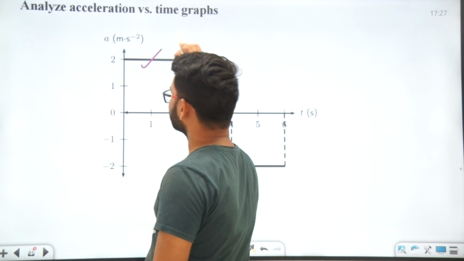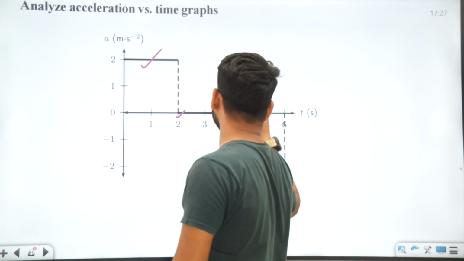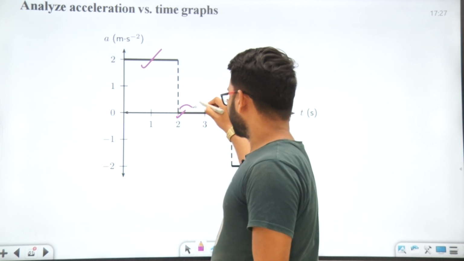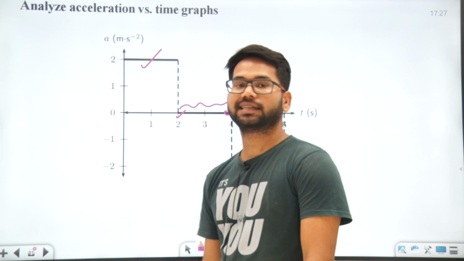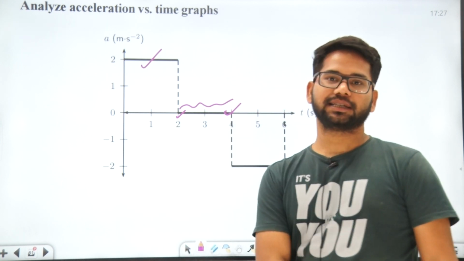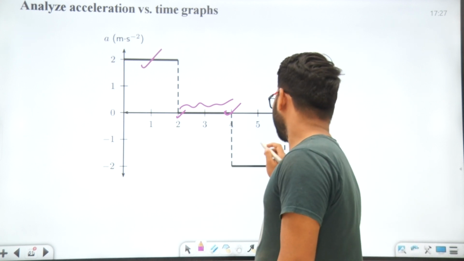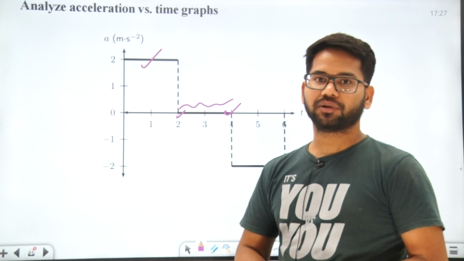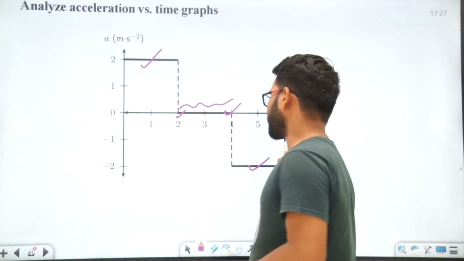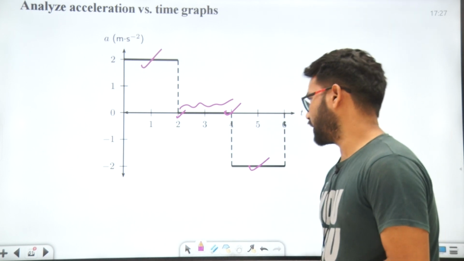So 0 to 2 seconds we have a uniformly accelerated motion. For 2 to 4 seconds, acceleration is 0, so it's the case of constant velocity motion. For 4 to 6 seconds, we have negative acceleration. That means it's an accelerated motion and acceleration is negative.